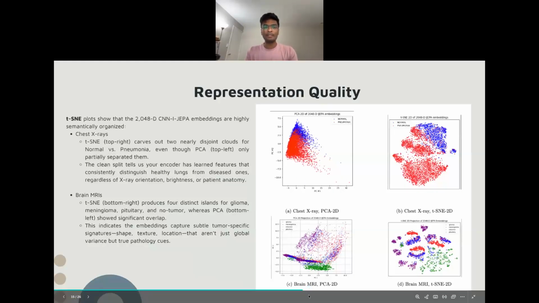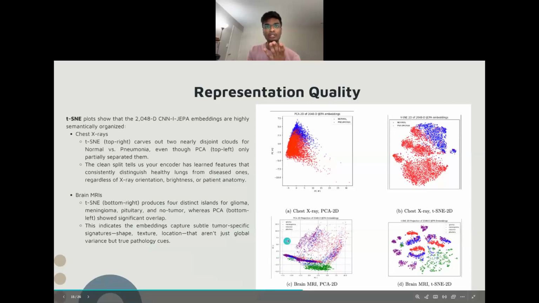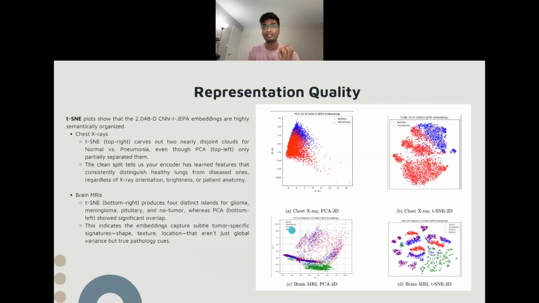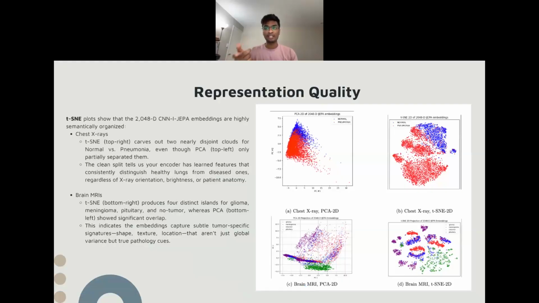Even for the brain MRI dataset, the PCA plot shows a smooth curved manifold connecting the three tumor classes, but it is clearly able to separate out the non-tumor class. This tells us that the embeddings understand the shared structure across tumor types.